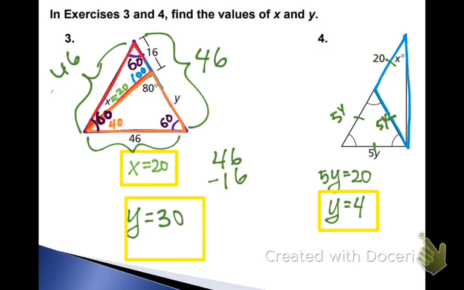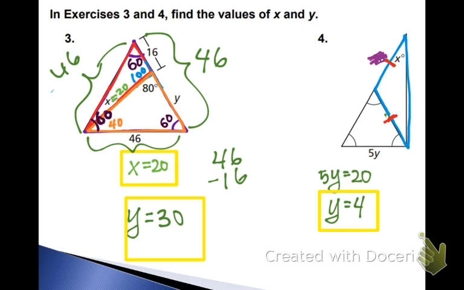Let's find x. Is x a side or an angle? It's an angle. So 20 has nothing to do with what we're doing right now, because 20 is a side, and we're talking about angles. We know that x is inside of an isosceles triangle, right? So that means 2 sides are congruent, which means 2 angles are congruent.